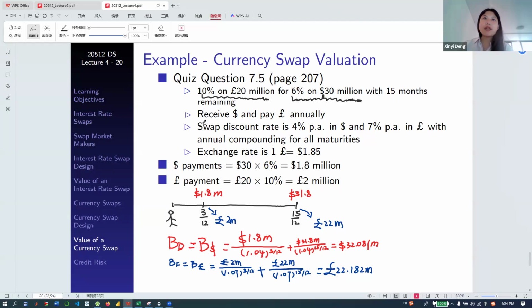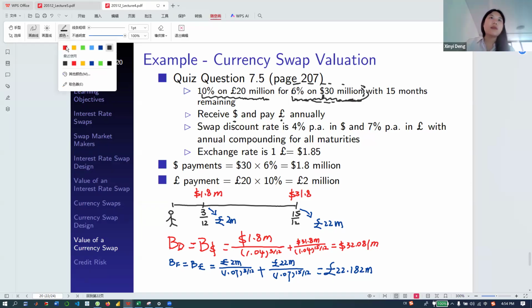We are calculating the value of the swap contract where we are receiving dollars and paying pounds. So effectively we are longing the bond associated with the $30 million principal, and shorting the bond related to the 20 million pounds principal.